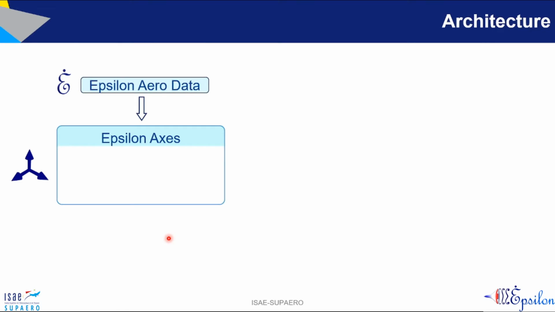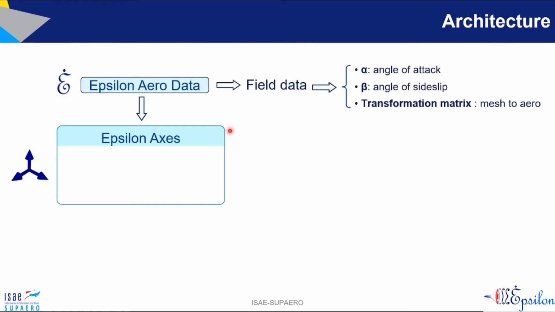In order to understand how it works in the background inside ParaView when you execute Epsilon Axis, we have to understand first the type of data that enters this filter. In our case, the data that we are gathering is basically the field data. In particular, I read the following information: the angle of attack, the angle of sideslip, and most importantly, the transformation matrix.